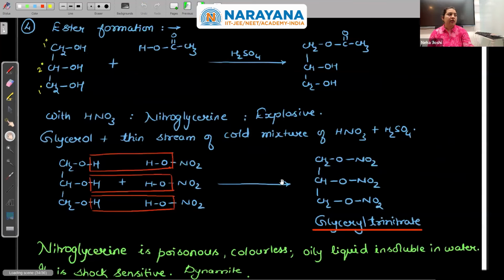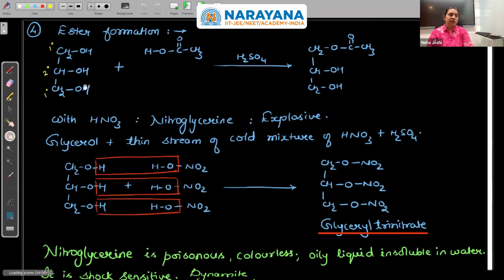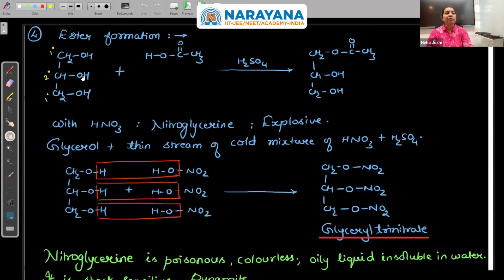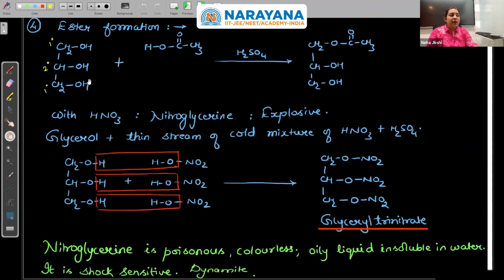Absolutely clear? Ester formation. Alcohols will form ester. All alcohols can form ester, in fact. So, esterification reaction. But if I talk of polyhydric alcohols, remember 1 degree alcohols will form ester faster than 2 degree alcohols.